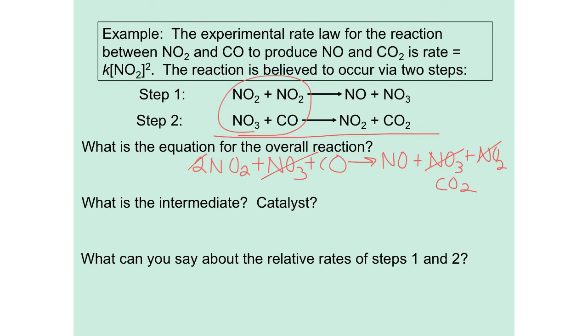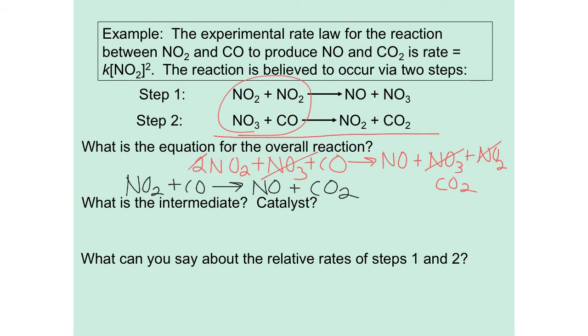And you could have done this prior to summing up the two reactions. So then that would end up giving me NO2 plus CO makes NO and CO2.